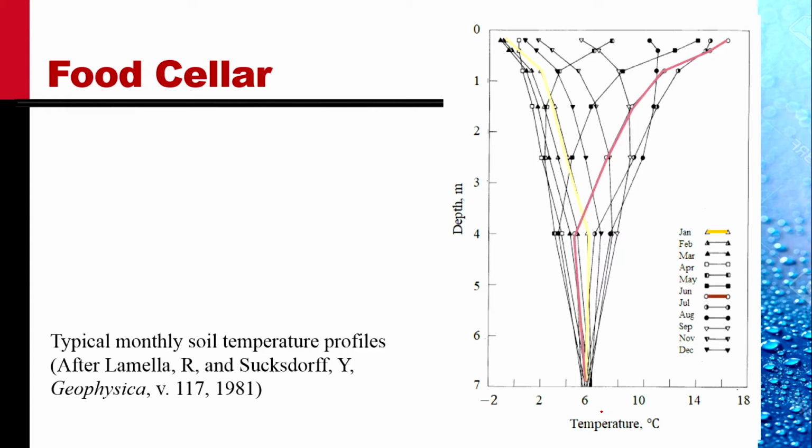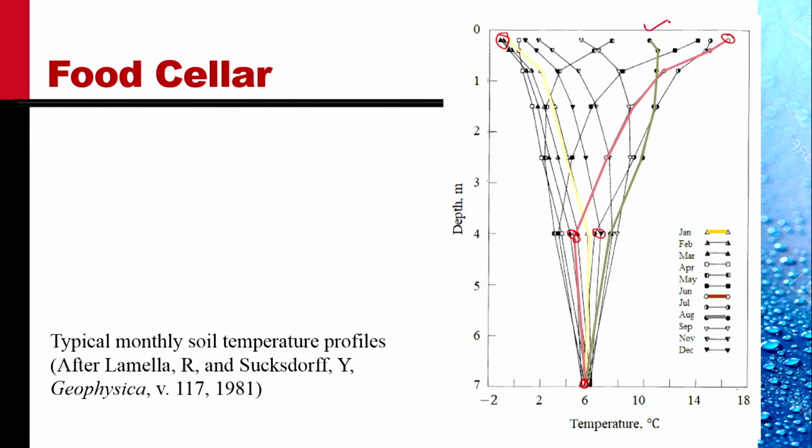This red line, the average temperatures in the month of June. The surface temperatures have changed that much. At a depth of 4 meters, the temperature in June is lower than the temperature in January. And at about 7 meters, they are the same. The 7 meters is about the same distance we saw in the last slide, the penetration depth of the yearly variation of temperature.